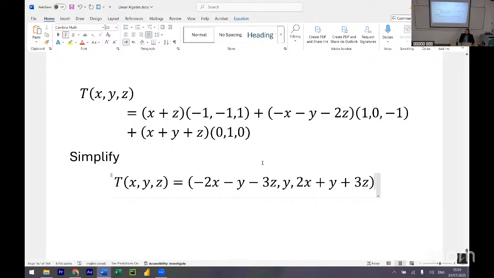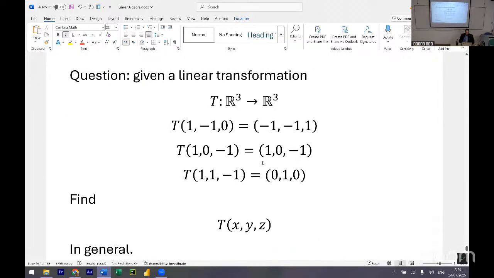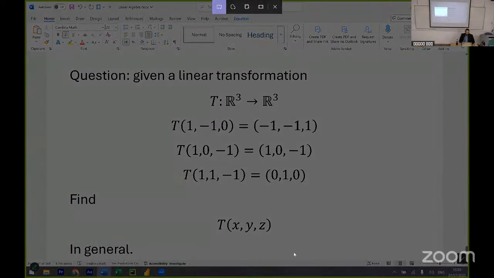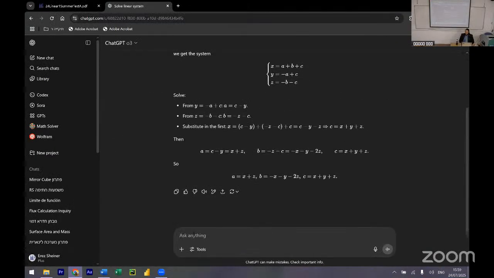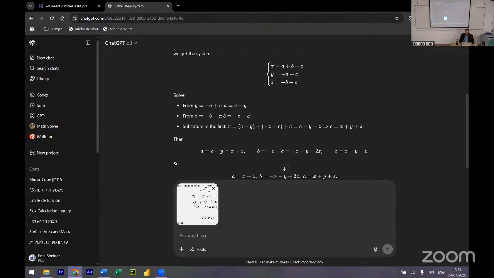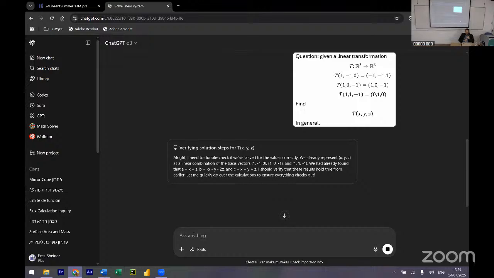And how will I use ChatGPT here? I will ask him the entire question. And hopefully we'll get the same answer that I just got here. This seems like an easy question from linear algebra 1. All right, I need to double check because he knows that part of the question is what I asked him before.